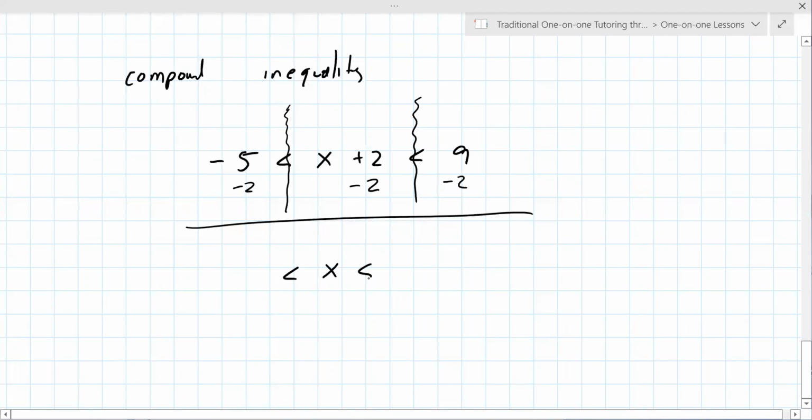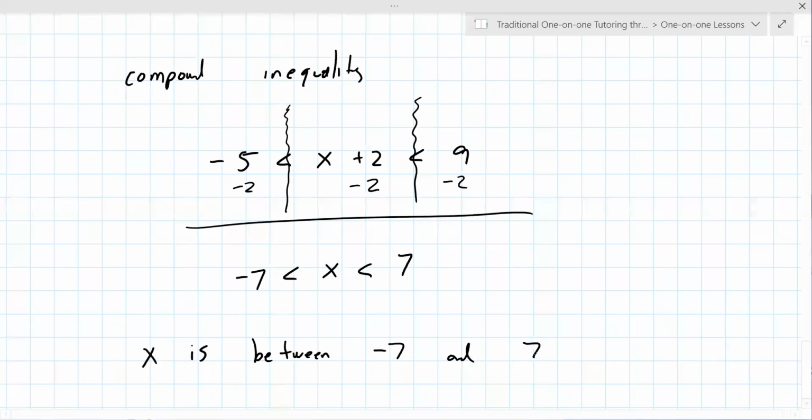So the first side, would that be -7? Good. And then 7. Yes. So the way this is read, and I think it's very important, is x is between -7 and 7. You could say -7 less than x less than 7, but in terms of something more meaningful, you would say x is between.